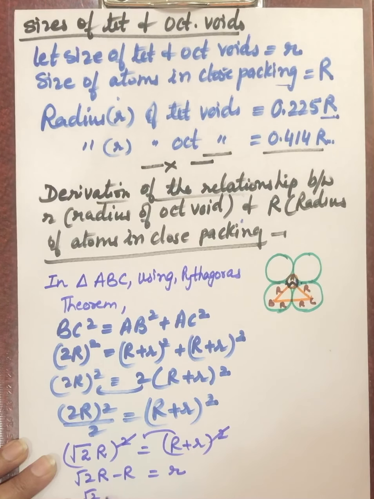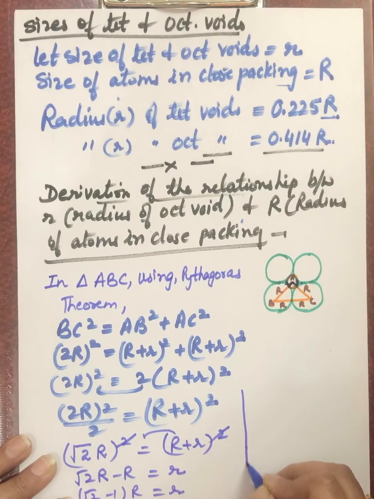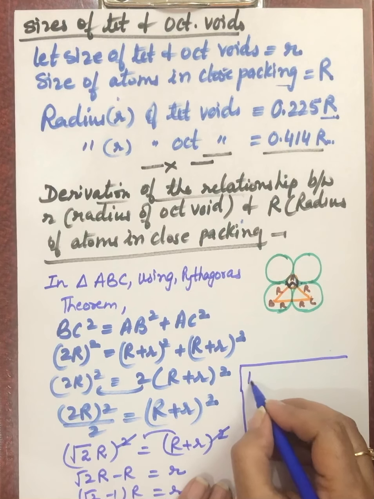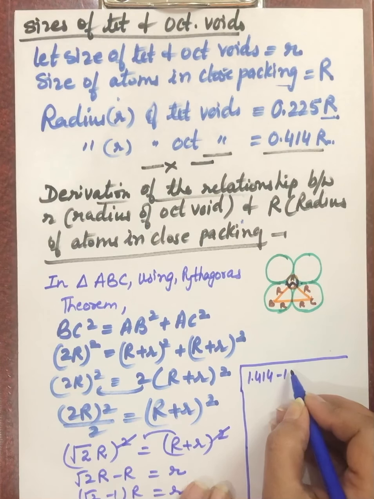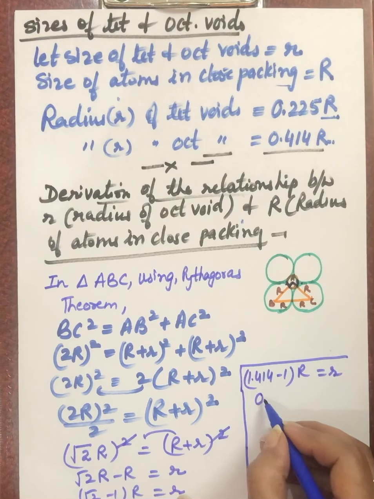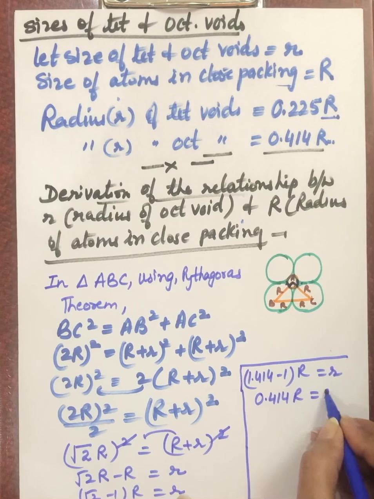R we take common. When we take R common, we get this part. After this, root 2 value is 1.414, minus 1, R equal to small r. After subtracting this, we'll get 0.414 capital R is equal to small r.